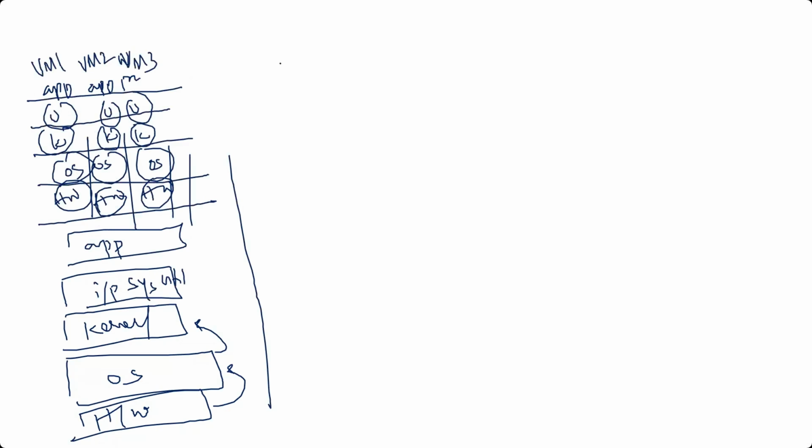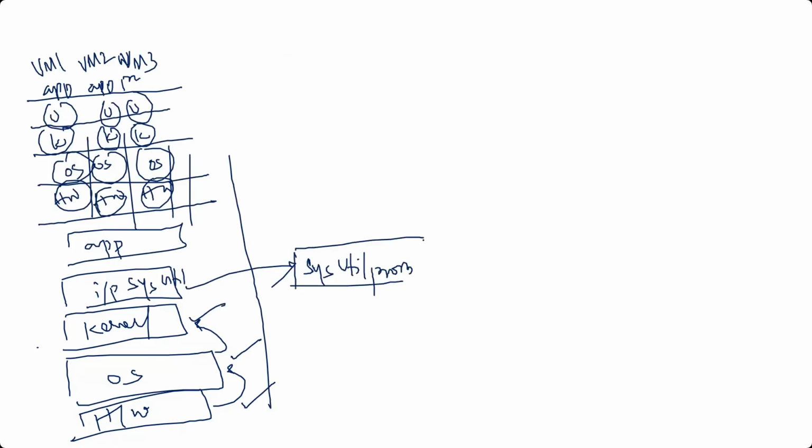What containers do is they will not touch the operating system or the hardware. They will touch only some programs in the utility. They'll also not touch the kernel to a very large extent.